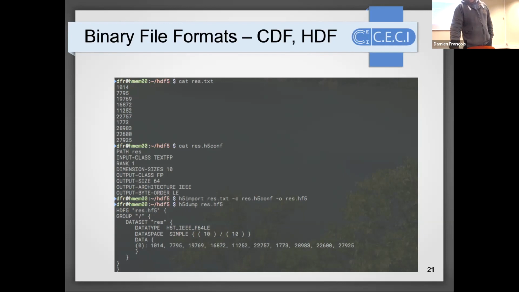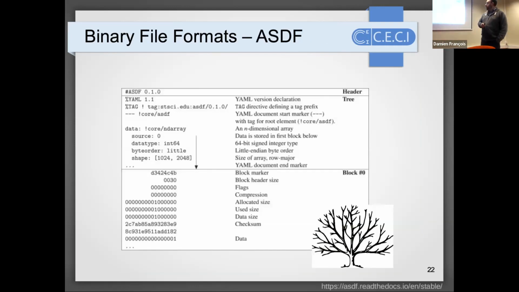HDF is one of the most used file formats. There's another file format which is more and more used at the moment. It's called ASDF, and it's a mix between binary and text. And actually all the metadata is pure text, but all the data is stored in binary. The advantage is that when you cat or head the first part of the file, you can read directly the type of data that is in the file.